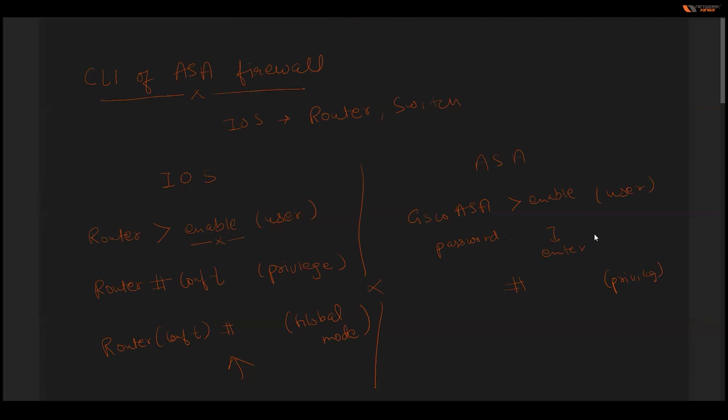If you want to give a password, you can give it here. If not, just simply press enter. That is the only difference from IOS, and then we are in global mode, right? These are not major differences, but yes, the difference is you need to enter the password here.